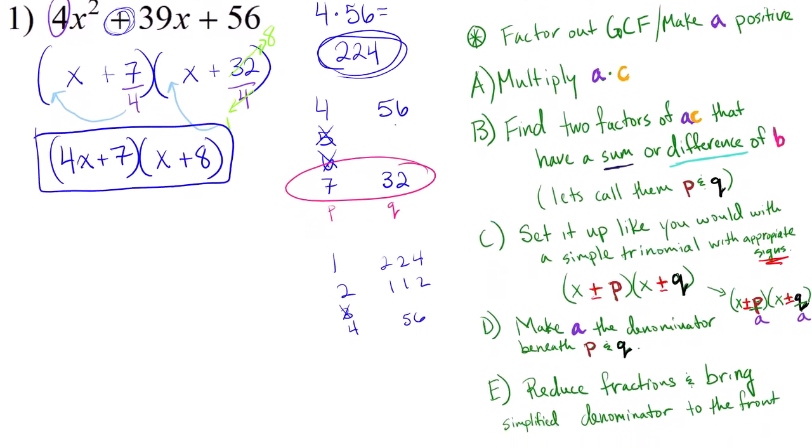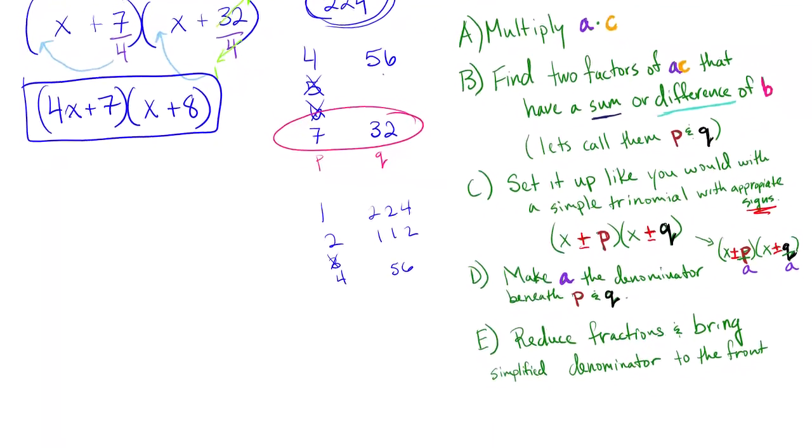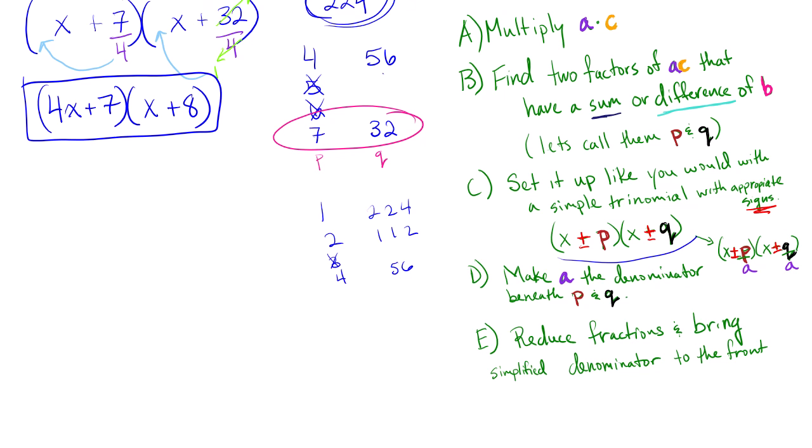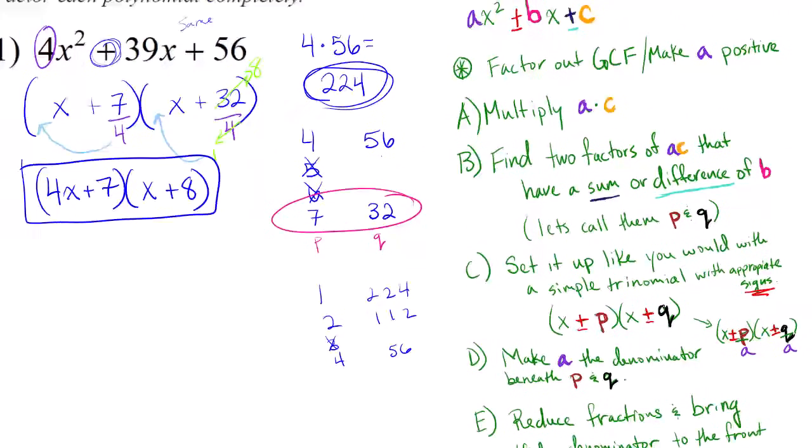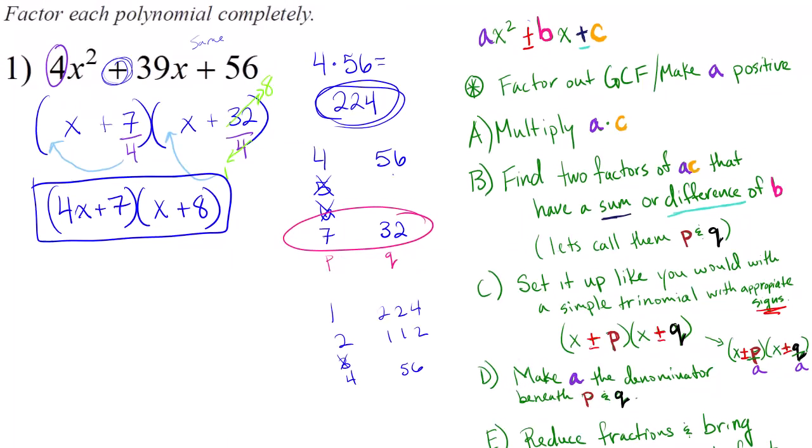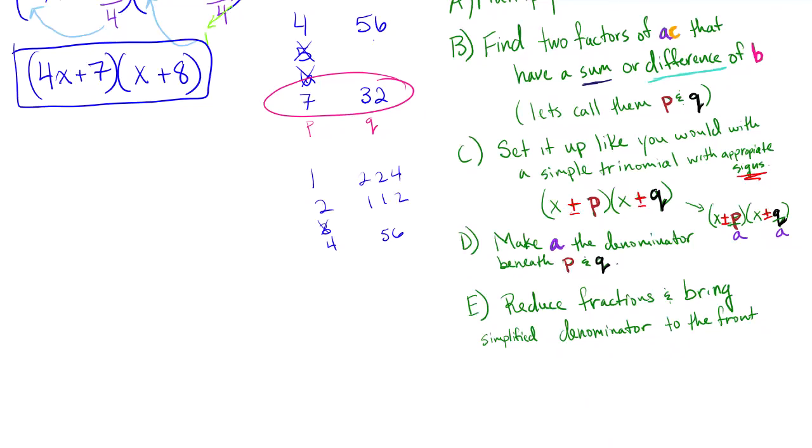And then the last thing, let me just show you the last few steps here. We talked about them, but just so if you want to write these down in your notes, this is the complete list of steps. You set it up like you would a simple quadratic, right? Put in the P and the Q in there. You get your signs right depending on what these signs are here, right? These signs are the ones that dictate what your signs here and here will be, just like a simple quadratic.